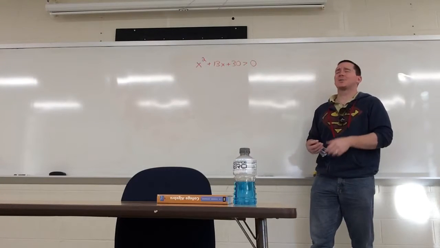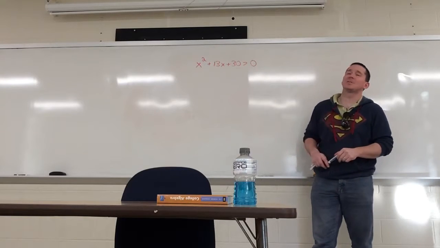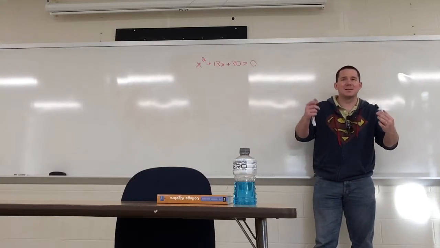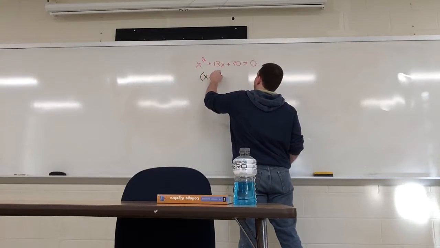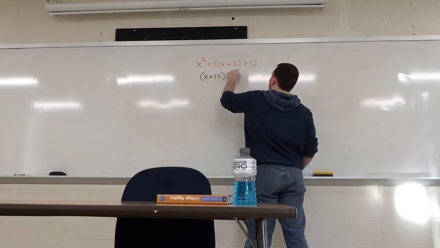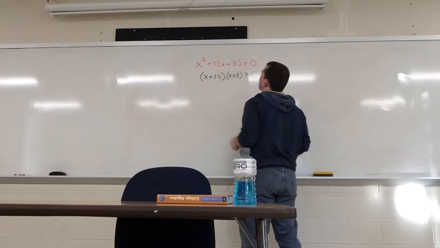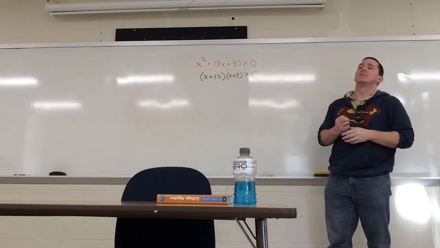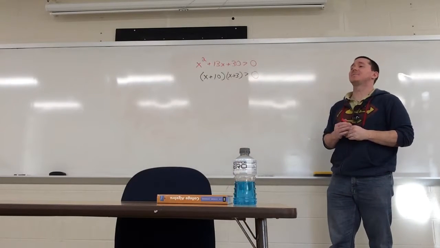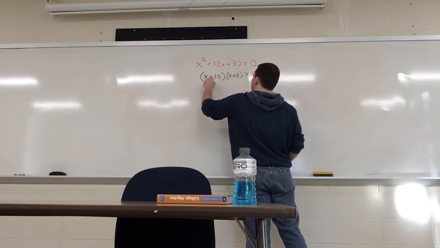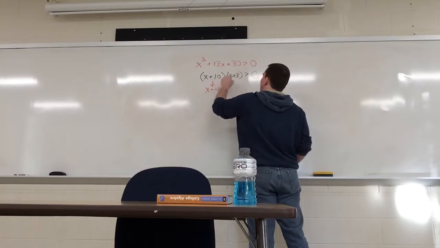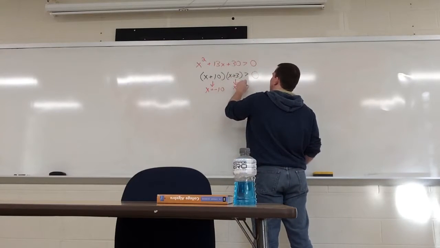Treat it like a quadratic, so factor it. Two numbers whose product is 30, whose sum is 13. We've done this one like 5 times. 10 and 3. So we get x plus 10 times x plus 3. Now from there, find my zeros, right? Just switch the signs. We get x equals -10 and x equals -3.